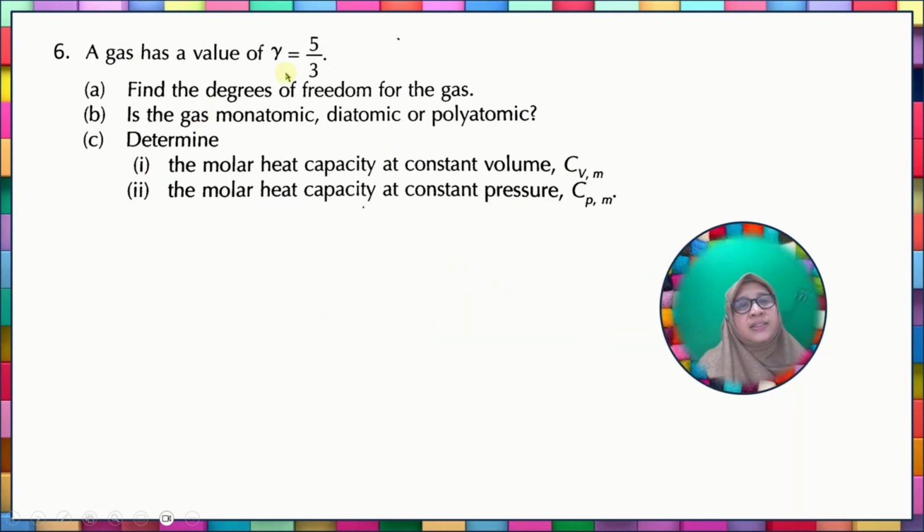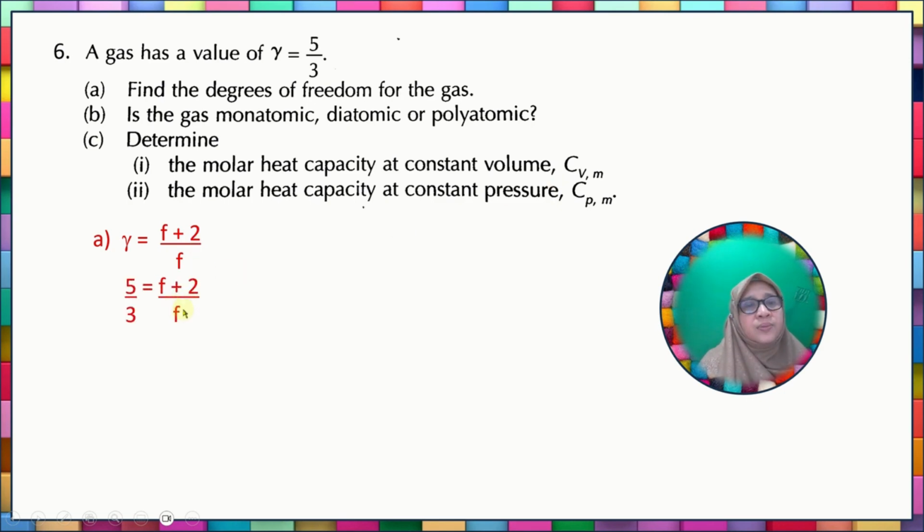A gas has a value of gamma 5/3. Gamma is the ratio of CPM to CVM. Find the degree of freedom for the gas. For the degree of freedom, we can use the relationship between gamma and F. The formula is gamma equals F plus 2 over F, because gamma is CPM over CVM.